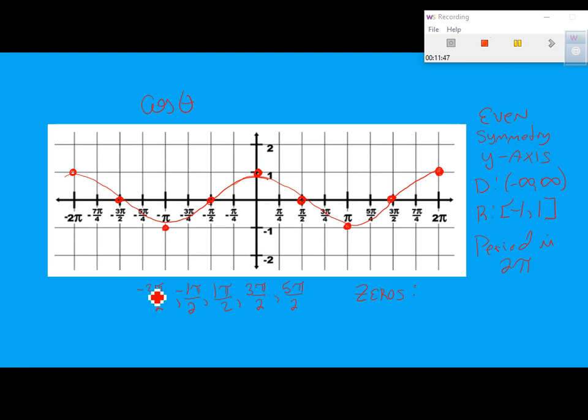Notice that the integers are all odds. So my zeros can be written like this. They occur at pi halves n, but n is an element of the odd integers.